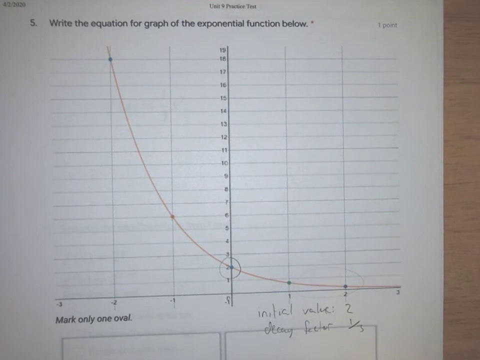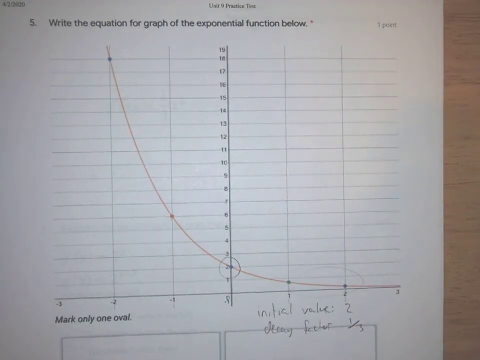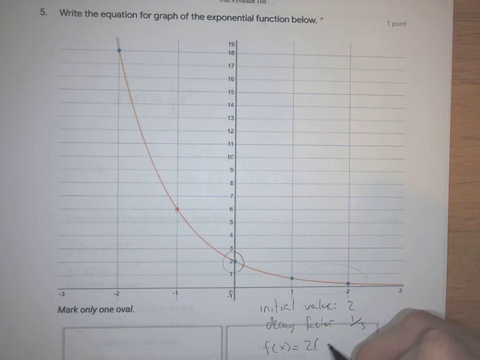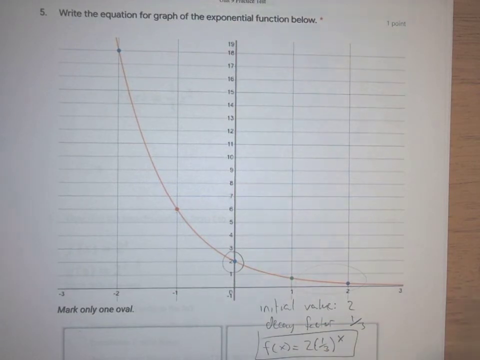Okay, so what our equation is going to look like, assuming there's no other crazy transformations here, is f of x is equal to the initial value times the growth or decay factor, and then we have our power here. Okay, so this is what we're looking for, and we got a few different answer choices.